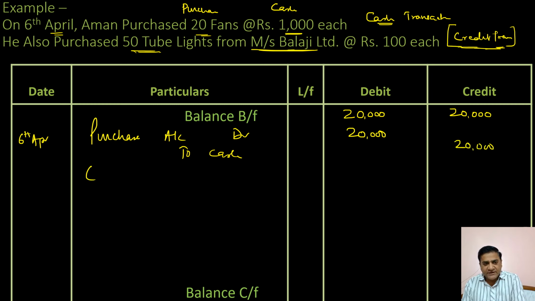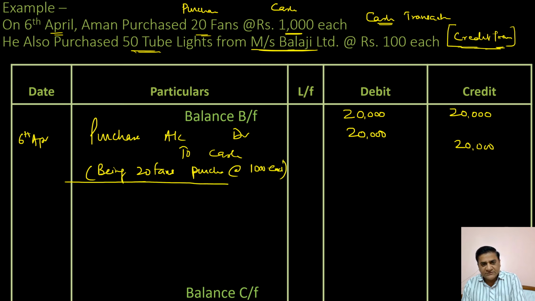I would write the narration here, being 20 fans purchased at 1000 each. I would draw a line suggesting that this transaction is closed here, this entry is completed here.